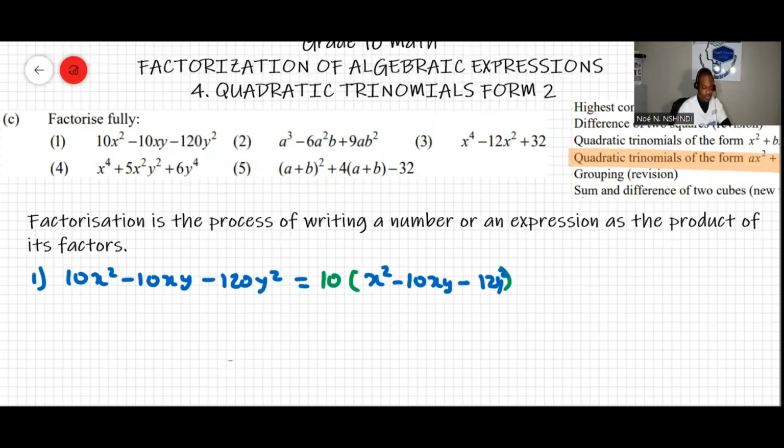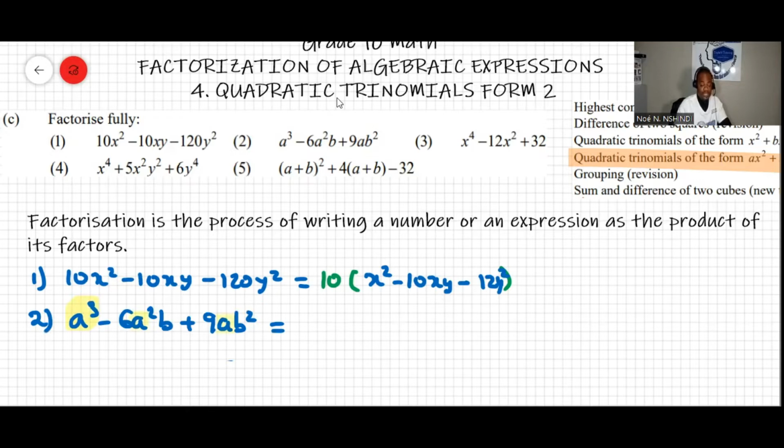Now, question 2. Over here, we have a cubed minus 6a squared b plus 9ab squared. And then they said factorize this. You notice that here we have a cubed. It's not a quadratic trinomial. We have a there, and we have a there also.